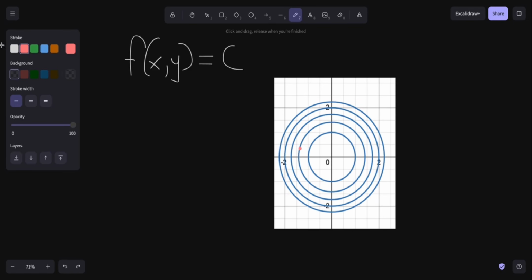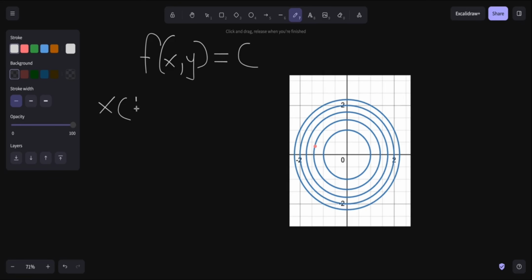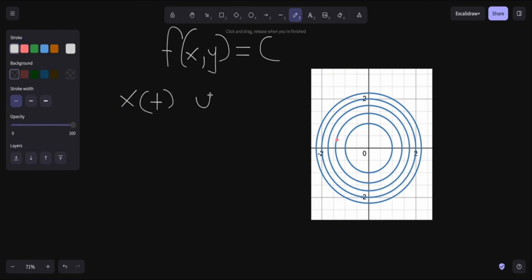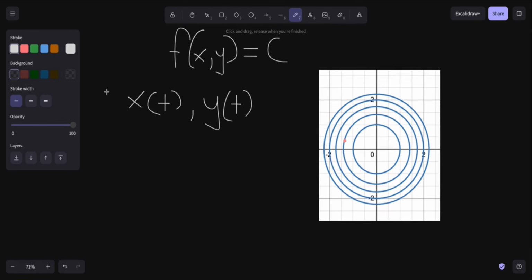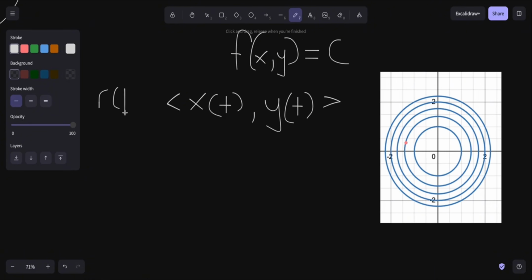And it turns out that I can do something that we've done in previous videos. We can parameterize this, right? I can say that x is equal to some function of time, x of t. And then the y-coordinate is also expressed as a function of time, right? Together they create our position vector, r of t, my vector-valued function.